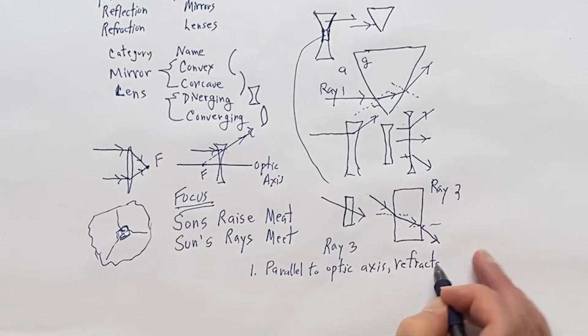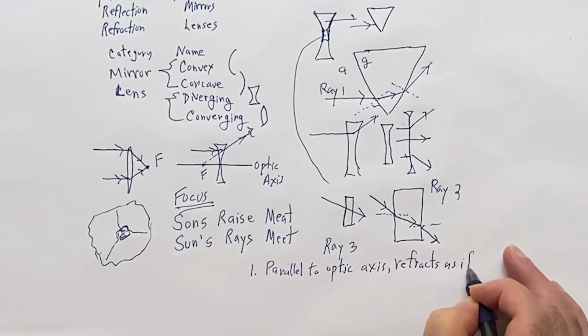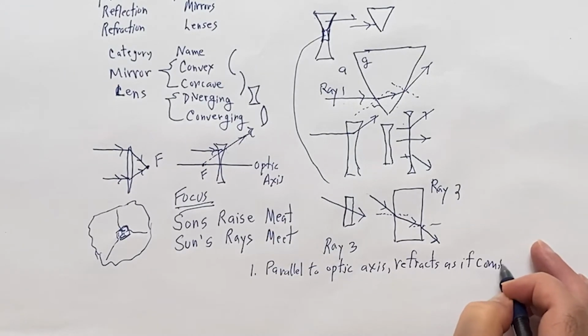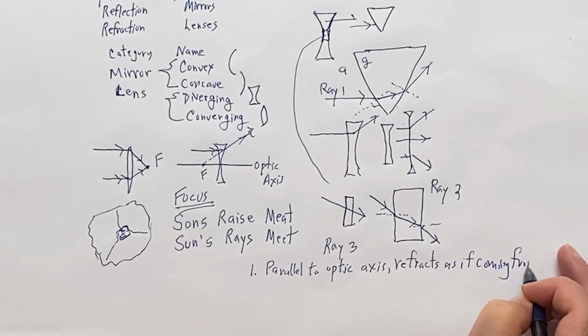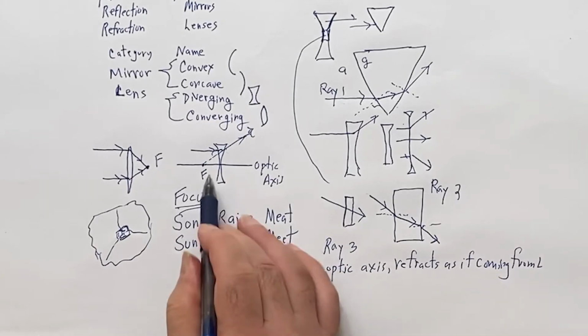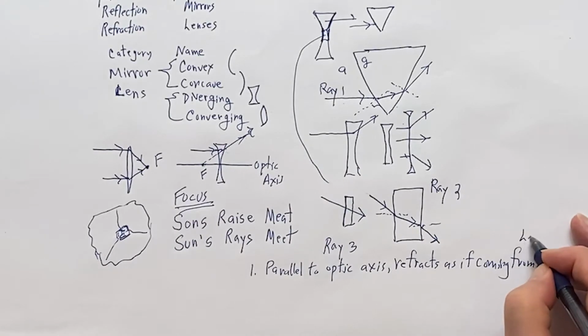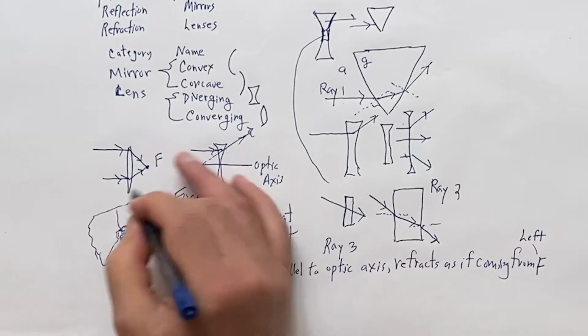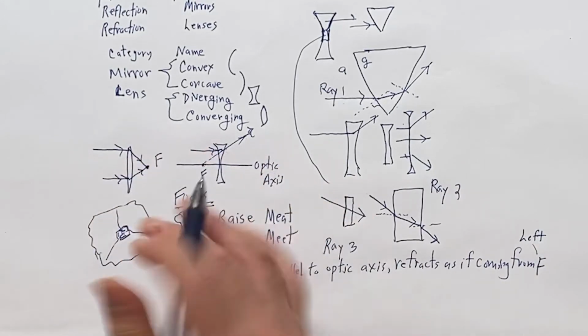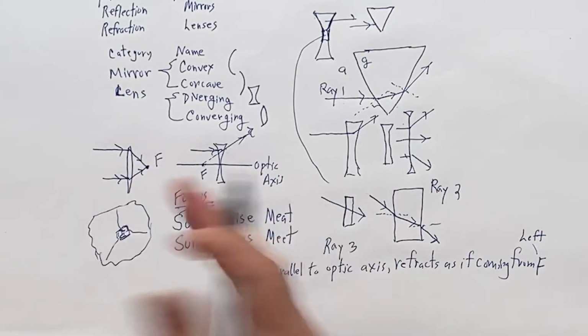That one refracts as if coming from F. And that's your F. You could say the left F, because when you have a thin lens, you can turn it around and get the focal length on either side.